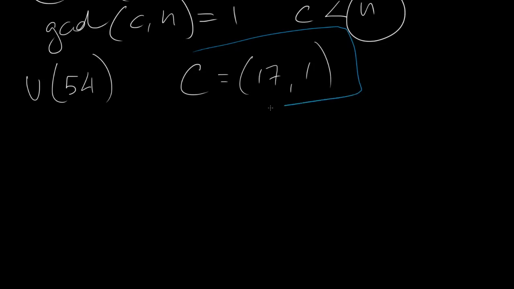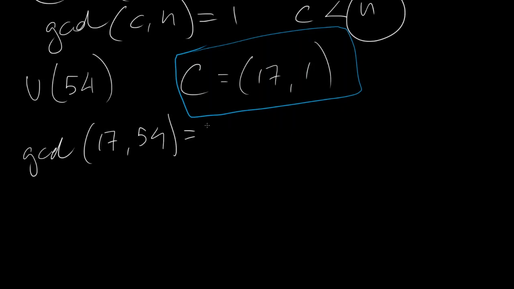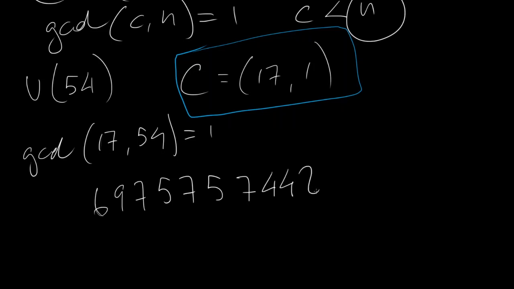but also note that the fact that I have a tuple like this does not mean that my group is small. In fact, yes, the GCD between 17 and 54 is 1, but 17 is also coprime with this number here, 697575744 2.